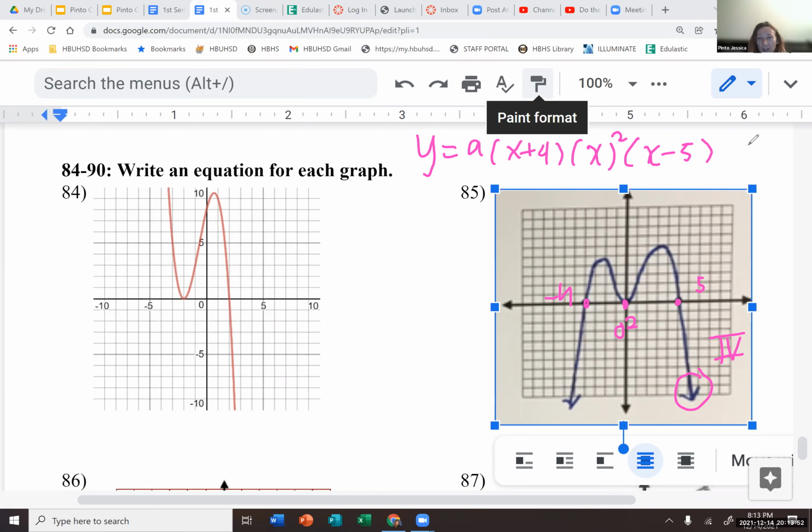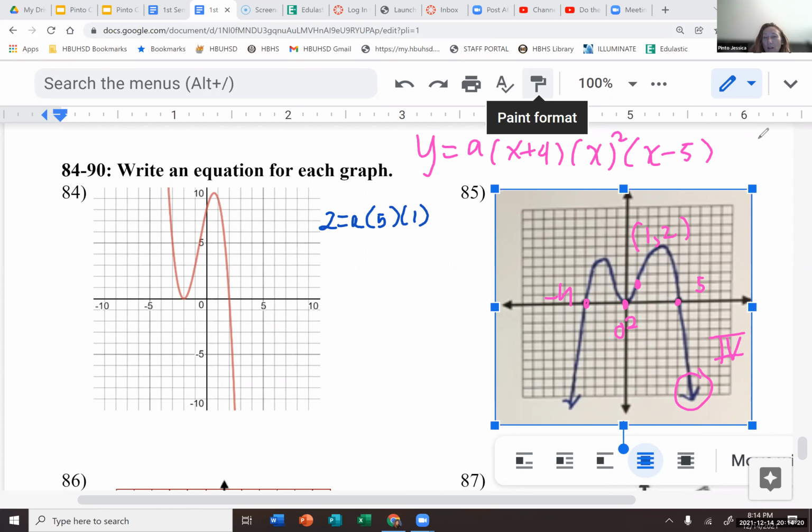It's really hard to see another ordered pair that I could plug in. So I guess I'll go with this here, 1, 2. And that would be 2 is equal to a, and then 1 plus 4 is 5. 1 squared is 1, love that.